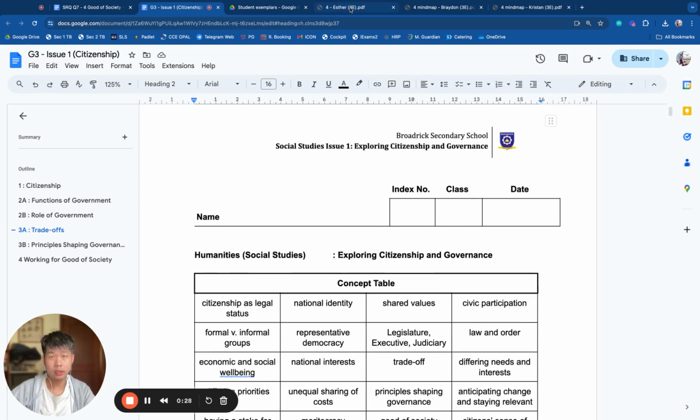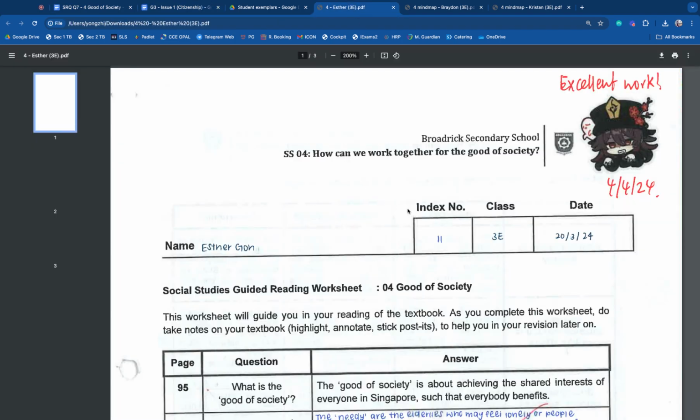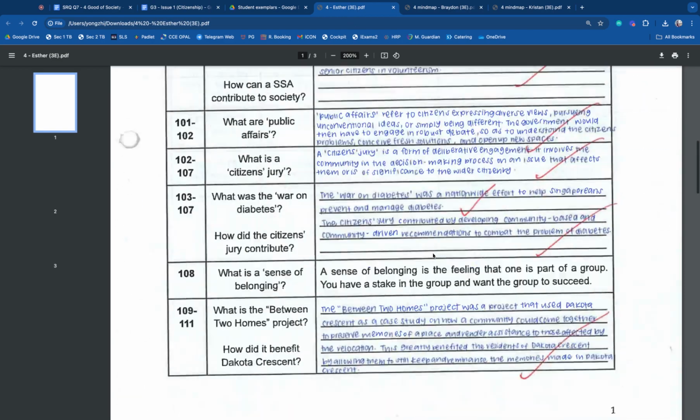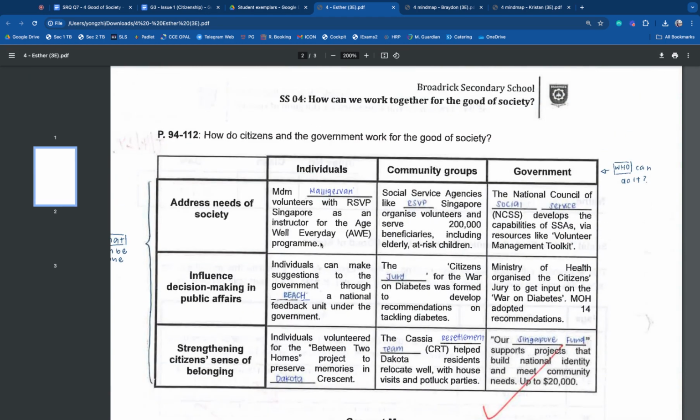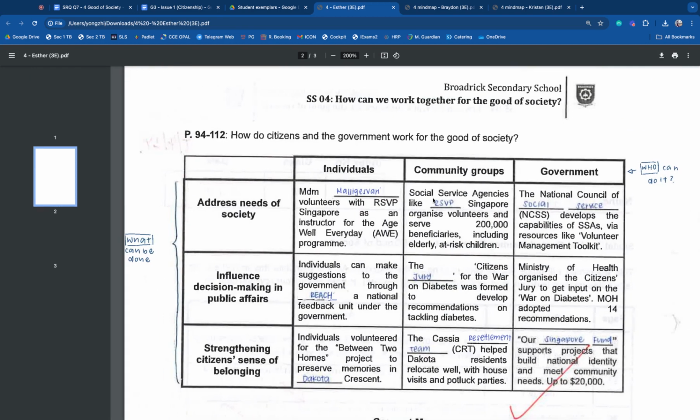First is, as you recall, you did this reading worksheet using your textbook, and on page 2 of this reading worksheet there is a summary of the 3x3 table about how do citizens and governments work for the good of society.